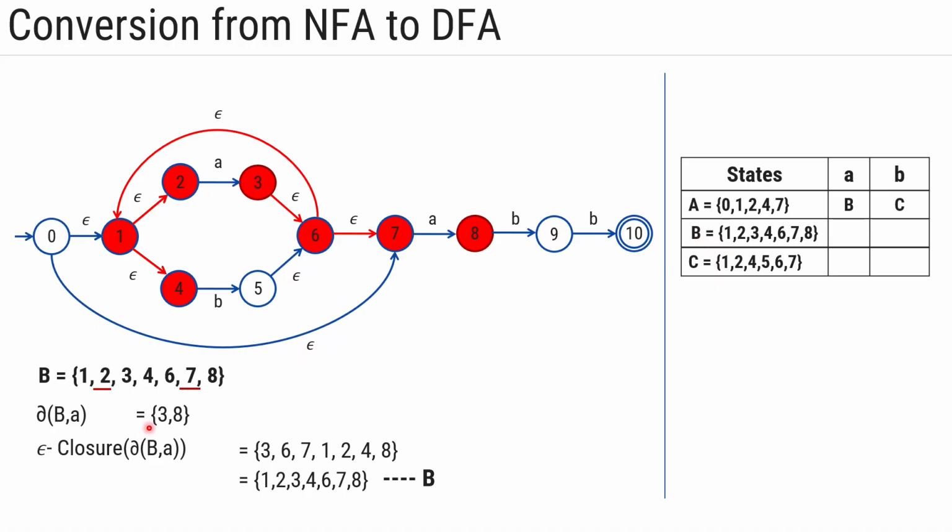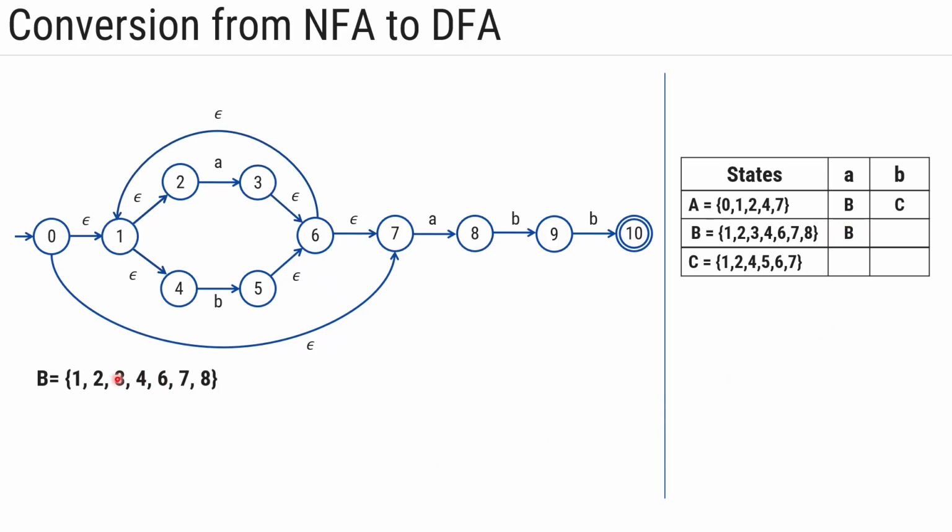When you take the e-closure of 3 comma 8, you get the same set of states 1, 2, 3, 4, 6, 7, 8, which is similar to B. You can rename them. Now, delta of capital B comma small a will go to B only. Look at this, it will go to B only.